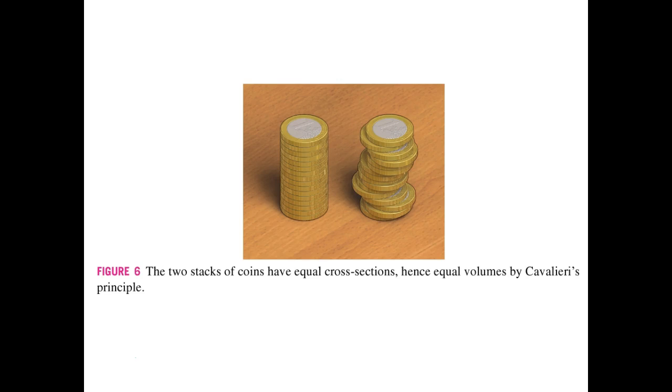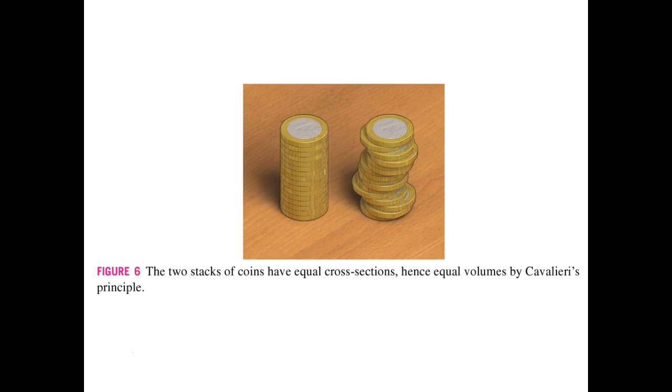The volume of that stack is pi r squared, where r is the radius of the coin, times the height of the stack. Now, what if the stack was all wobbly or leaning, but it was still the same coins? Same volume, because the cross-sectional area of every coin is the same, and the height of the stack is the same.